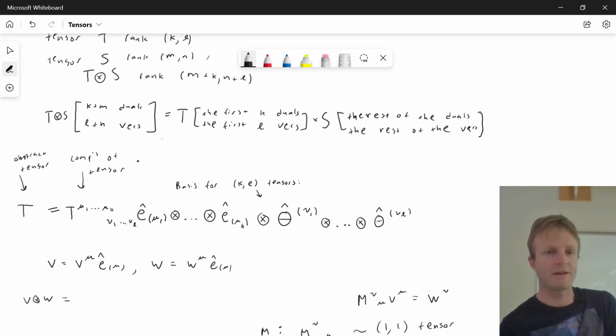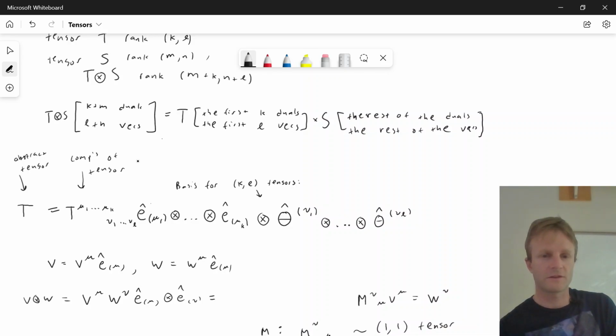Well, we just tensor them, and we have this tensor product basis. So it's V^mu W^nu, I better use nu here because I already have a mu in that equation, E hat mu tensor E hat nu. And so you could then write this as, by the definition of the components, this is clearly V tensor W, the abstract thing's components, mu nu, and the basis E hat mu tensor E hat nu.